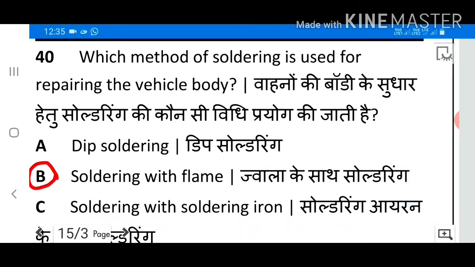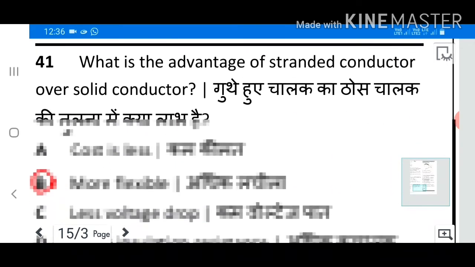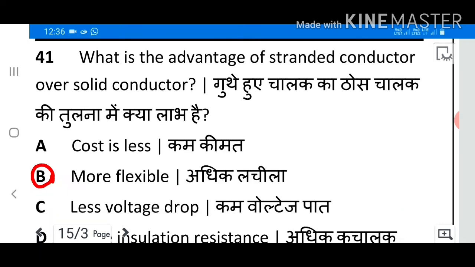40. Which method of soldering is used for repairing the vehicle body? Answer B. Soldering with flame. 41. What is the advantage of stranded conductor over solid conductor?